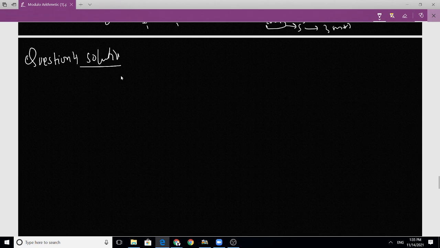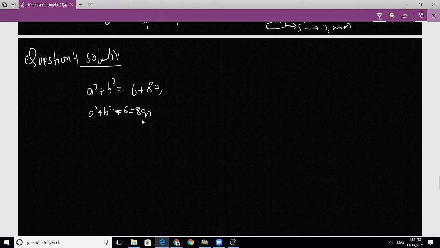So a square plus b square equals 6 plus 8c. Now if you observe, send 6 this side: a square plus b square minus 6 equals 8c.